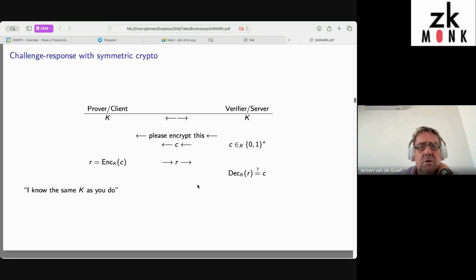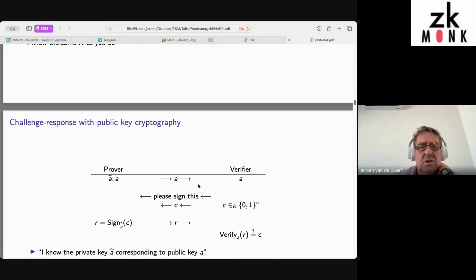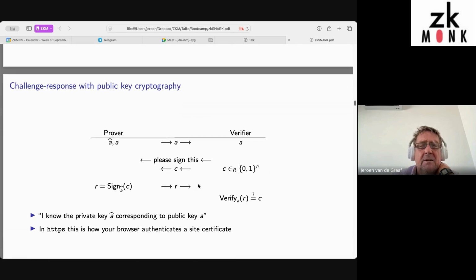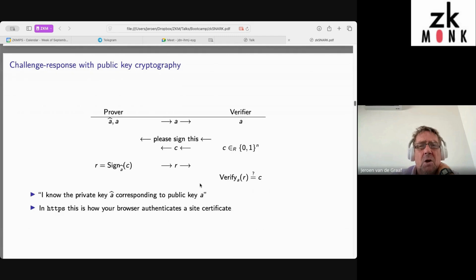And a big part of this zero knowledge was developed at the same time when people were studying challenge response protocols. The previous protocol was using traditional symmetric key cryptography.